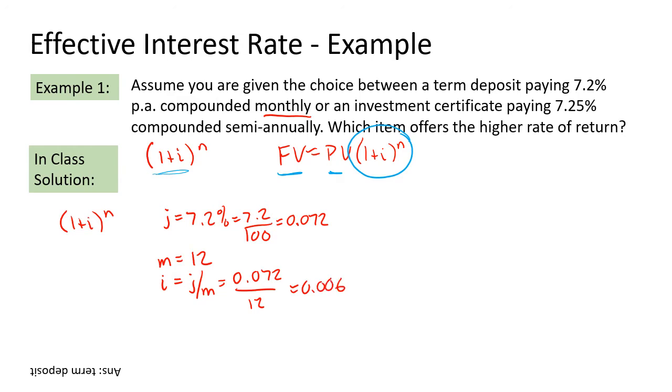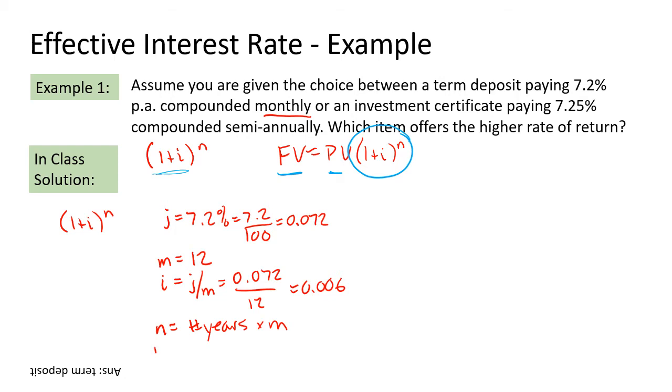Our value for the number of years, it doesn't matter for all of these questions. Unless it's provided in the question specifically, you can just assume that value is 1 year. So when you're calculating n, it is equal to the number of years multiplied by the number of compounding periods per year.